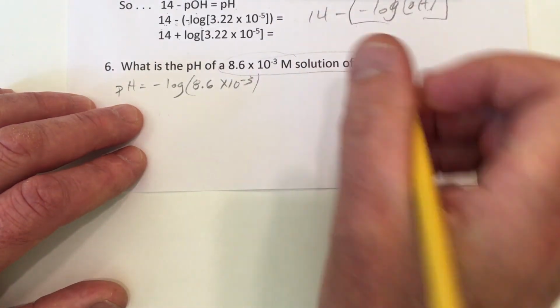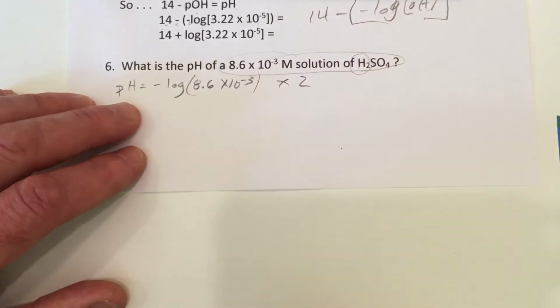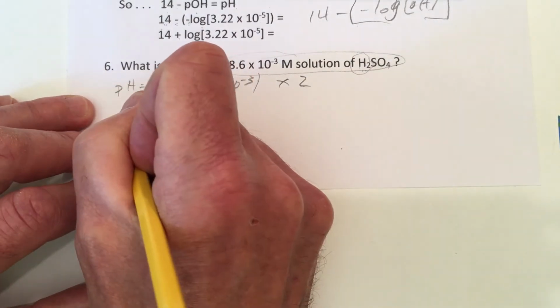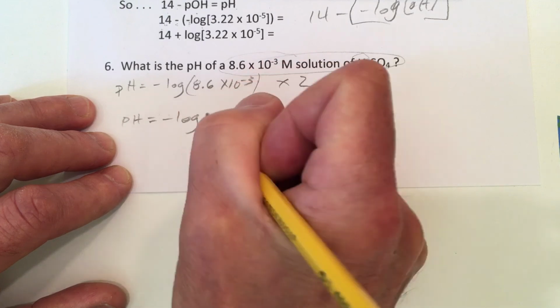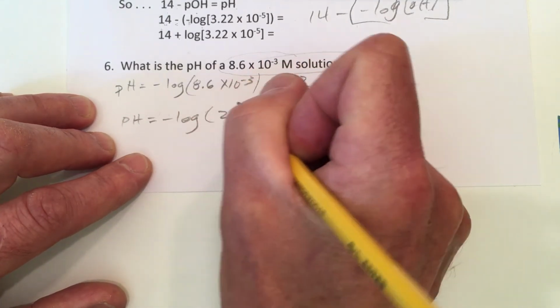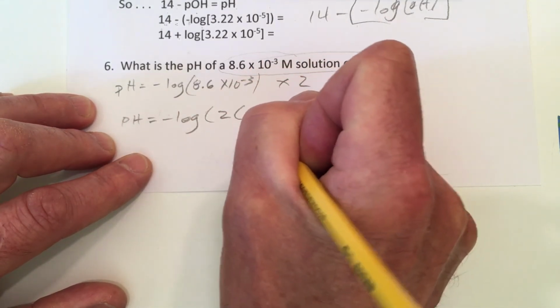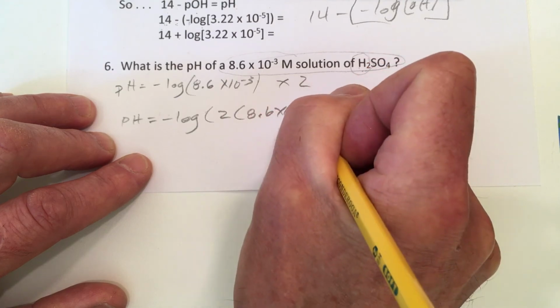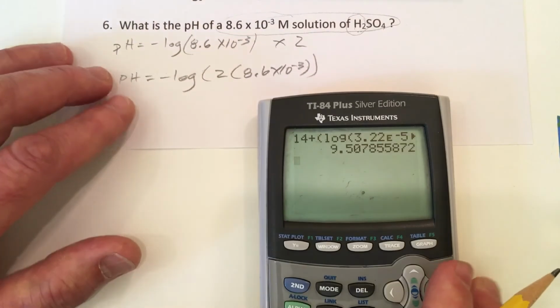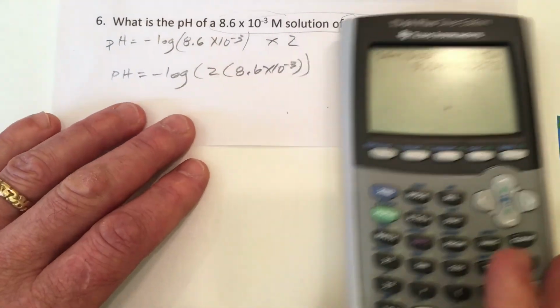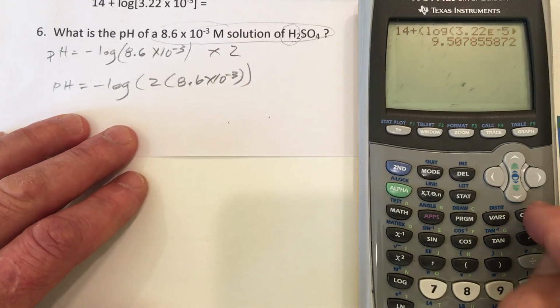And then multiply our answer by 2 when we're done. But I'm going to do it this way. I'm going to do pH equals negative log of 2 times 8.6 times 10 to the negative 3, close parenthesis and another parenthesis. You guys might like the first way better, but I'll be a little fancy here.